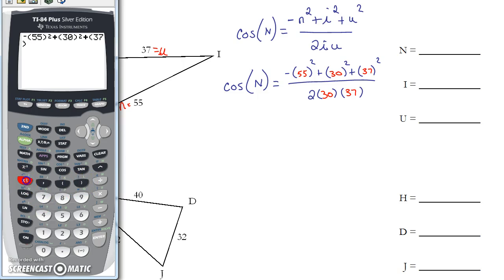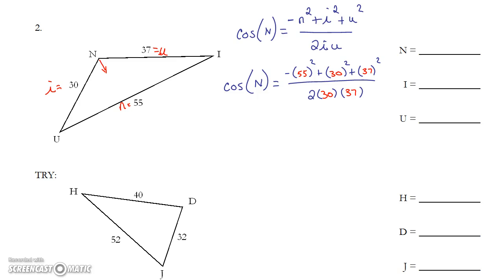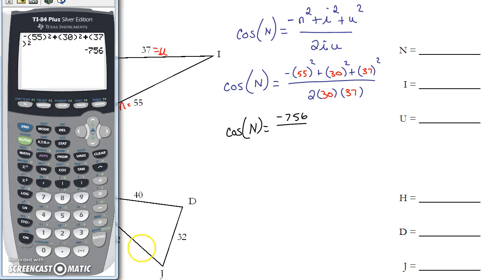Close the parentheses squared. Hit enter. That's going to give me a numerator of negative 756. So I can go in here and I can state that I have the cosine of angle N equals, and we had negative 756 in my numerator, over, do the same thing with your denominator, 2 times 30 times 37 is 2,220.